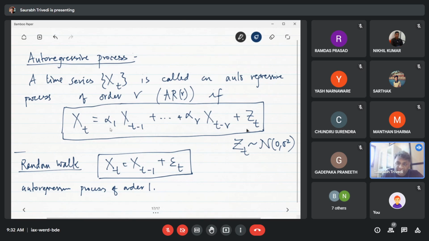However, when we have some coefficients alpha i, so if I had something like xt equals alpha xt minus 1 plus epsilon t, then we can actually put some conditions on alpha and get that xt is stationary. So the question first is, when are these kinds of autoregressive processes stationary?